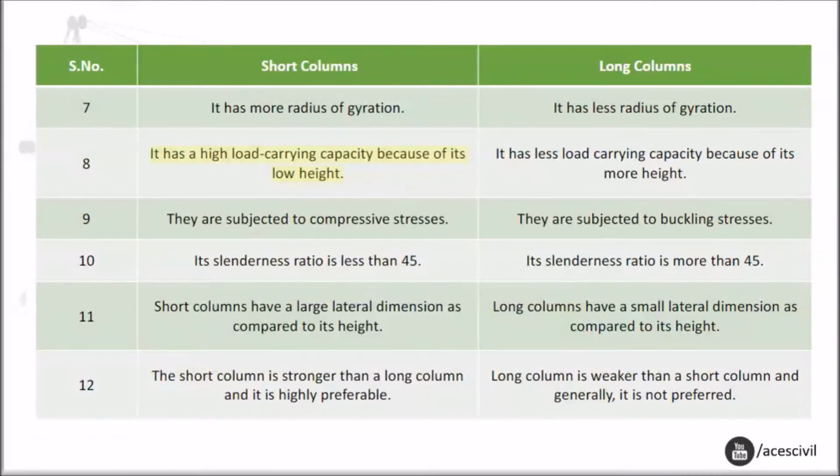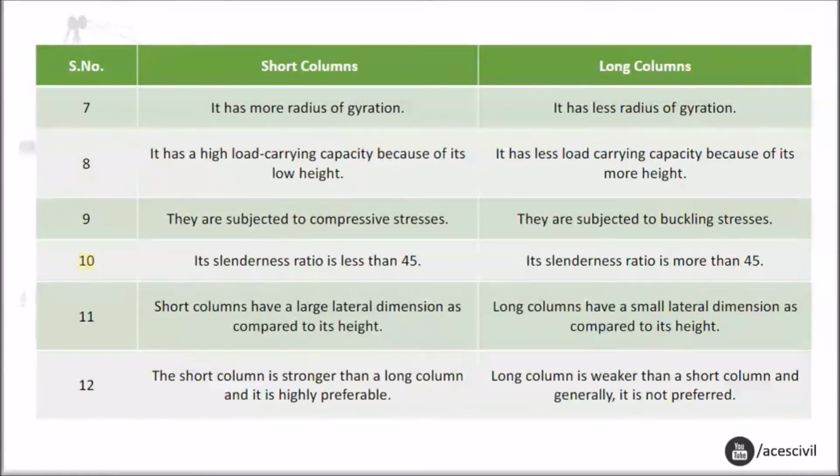It has a high load carrying capacity because of its low height. It has less load carrying capacity because of its more height. 9. They are subjected to compressive stresses. They are subjected to buckling stresses.